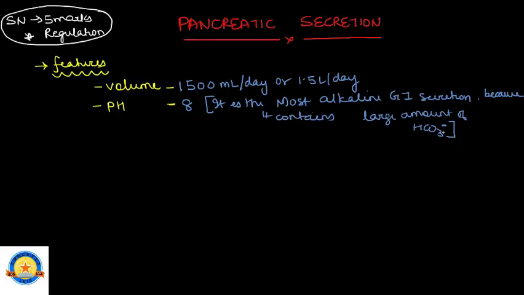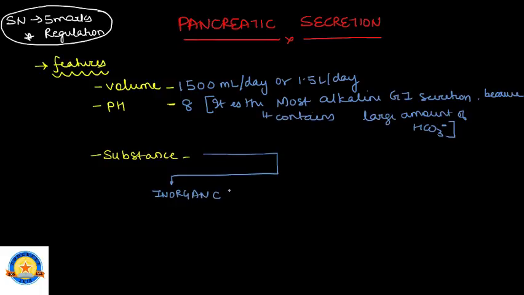Next, what do we learn? Substances in pancreatic juice. Substances in pancreatic juice are divided into two types. Again the same thing: first inorganic, and next organic.